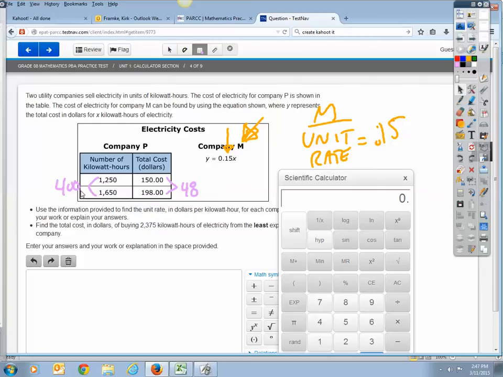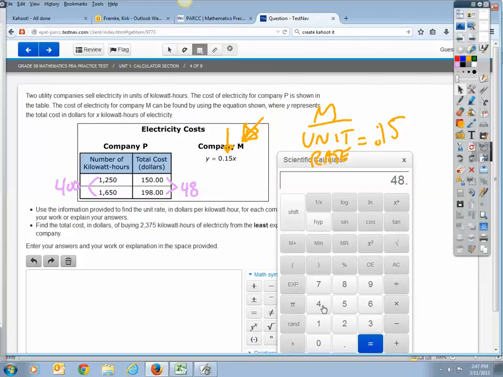So if I have 48 divided by 400, I would get 12 cents. Obviously 1.2 makes no sense in the context of this problem, which would have been the clue that I didn't type it in correctly. So that's 12 cents per kilowatt hour.